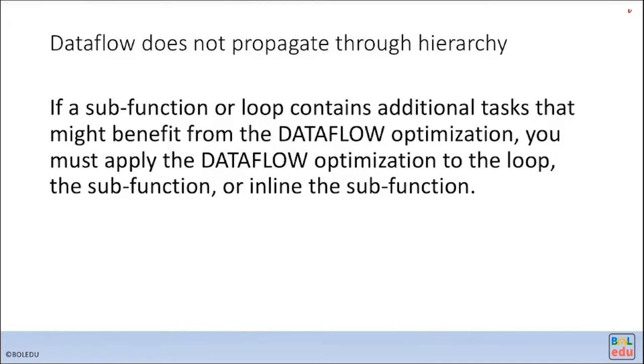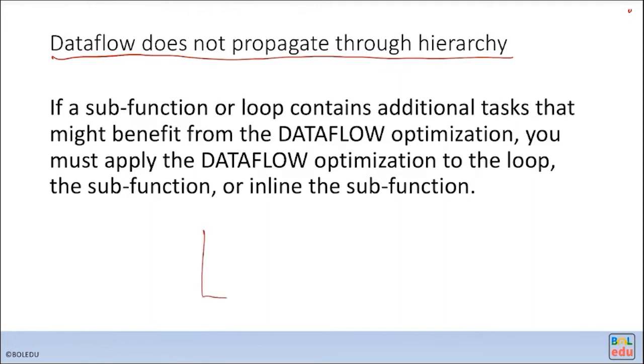Here, first, the data flow does not propagate through the hierarchy. That's important. Normally, when we write code, we organize it for readability or structure, so you have nested function calls.